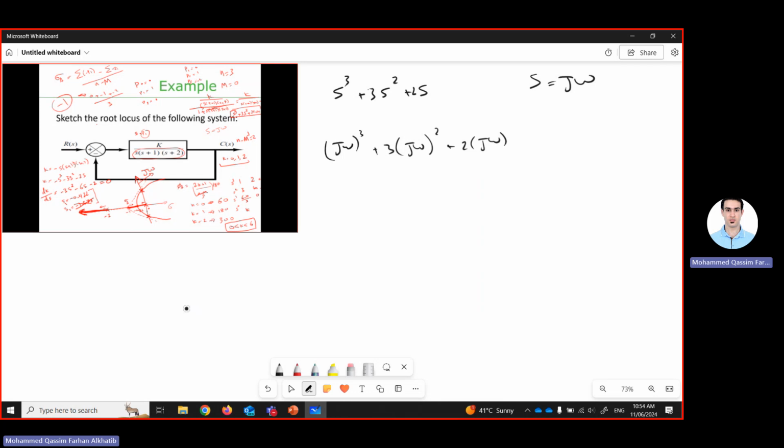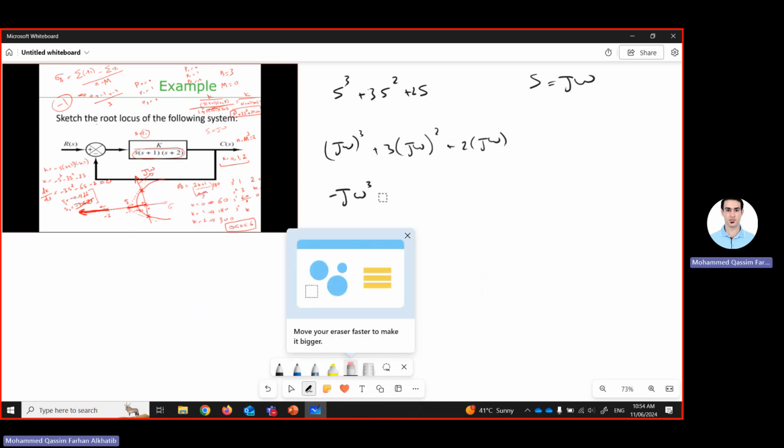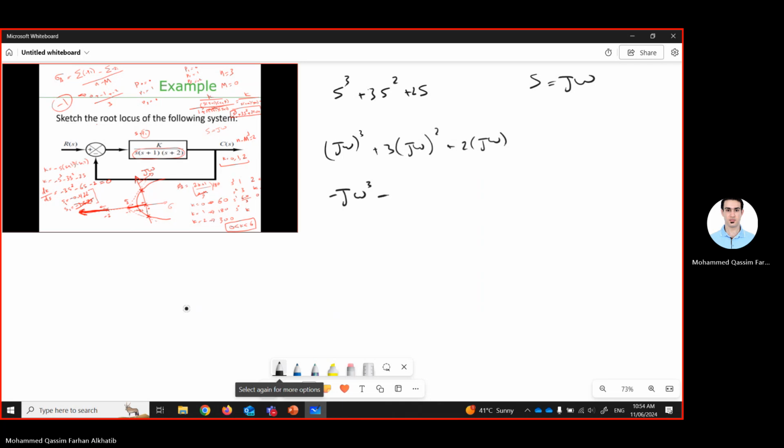j omega cube, how much? Negative j omega cube. Plus, okay, so it's going to be minus 3. Then j omega square equals j square omega square. We know that j times j equals negative 1.